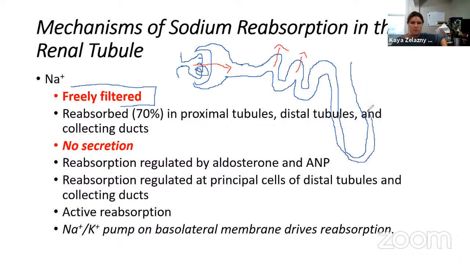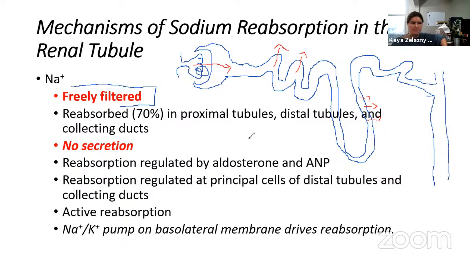The other thing that sodium was doing that was important was that it was being pumped out into the medulla, right? In that ascending limb, the thick part of the ascending limb. And then we're going through our distal tubule and into the collecting duct, which is dipping back down into the medulla. Okay.